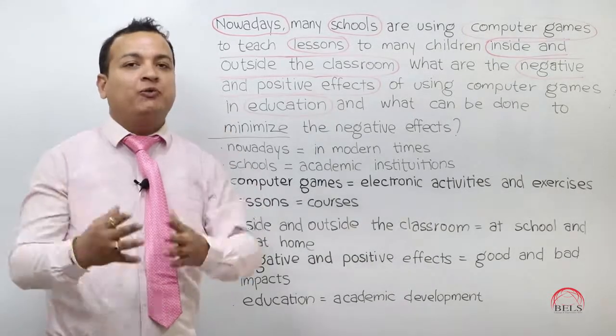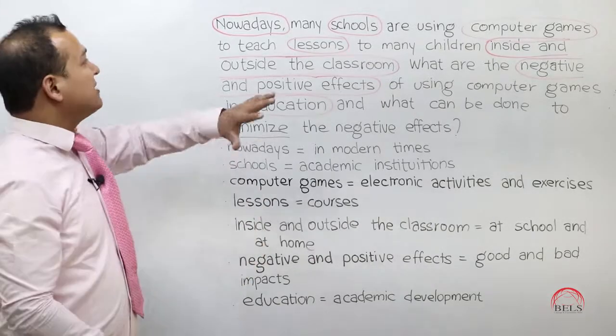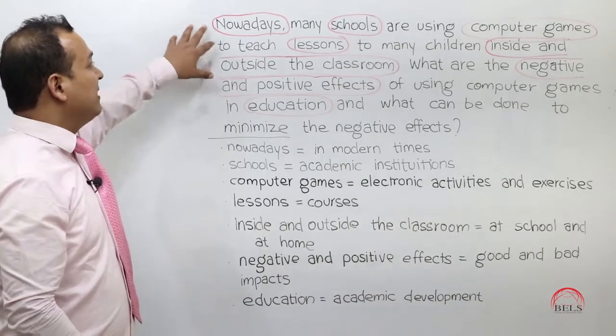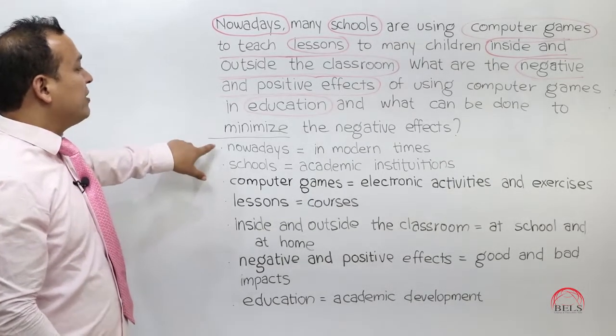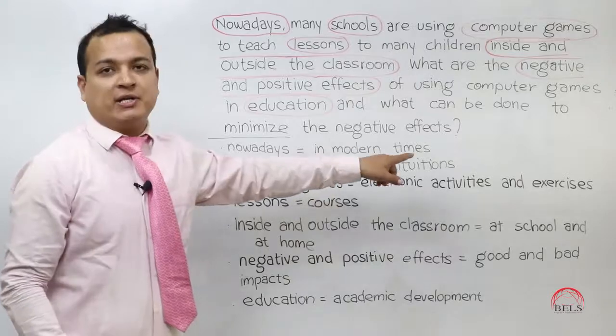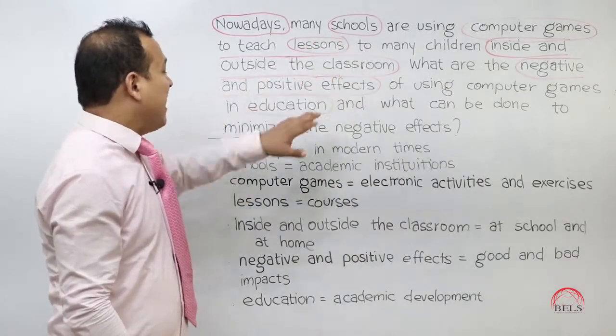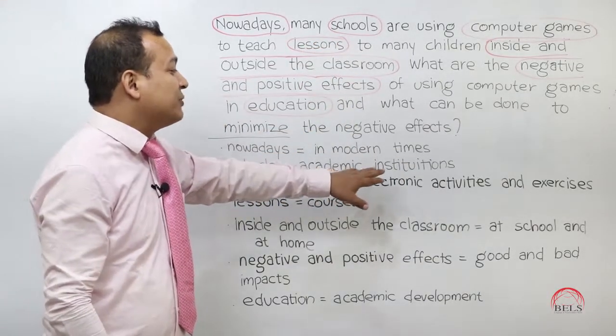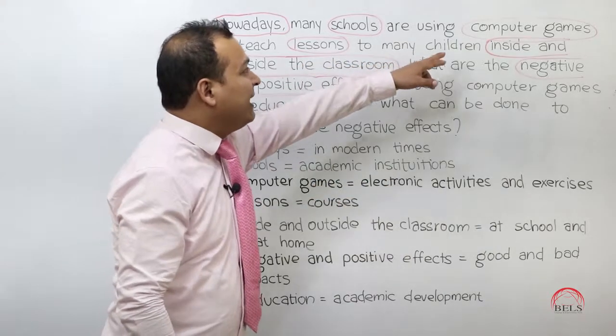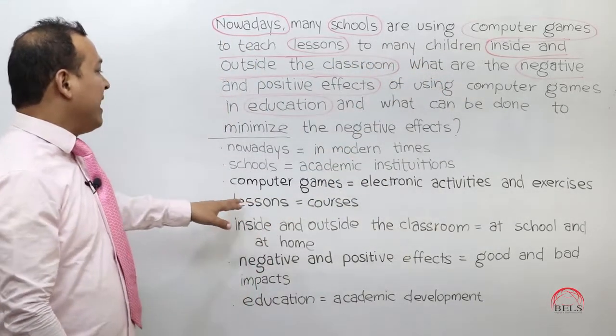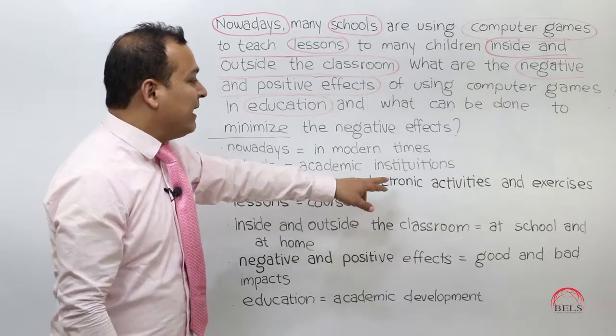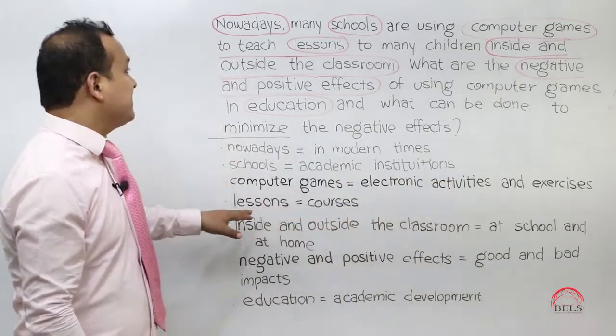Let's discuss now. Use of synonyms. First, we are going to circle the words like nowadays. I'm going to convert the word nowadays to modern times. Second is schools. I'm converting that to academic institutions. Number 3 is computer games. Computer games, I'm just converting to electronic activities and exercises.